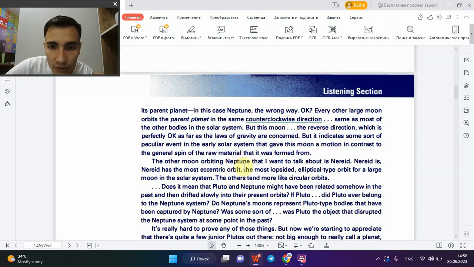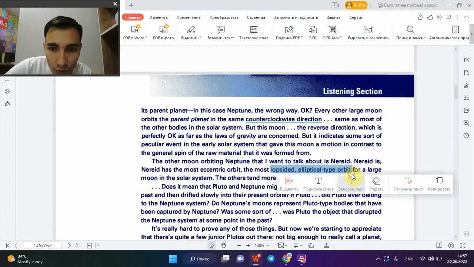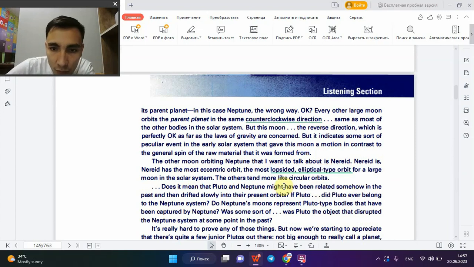The other moon orbiting Neptune that I want to talk about is Nereid. Nereid has the most eccentric orbit, the most lopsided elliptical type orbit for a large moon in the solar system. The orbits tend more like circular objects.